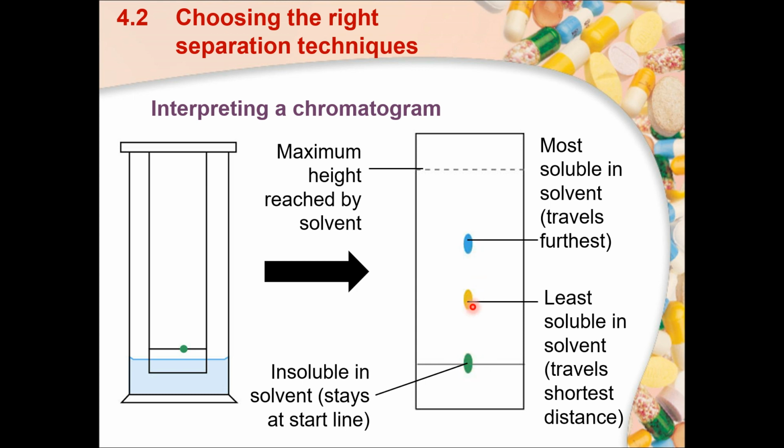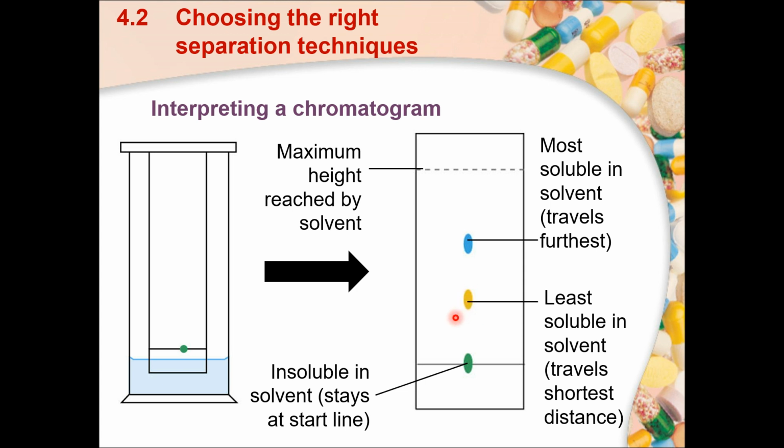However, the blue and the yellow substances were soluble, they dissolved in the water, and they were carried along as the solvent moved up the chromatography paper. The more soluble something is, as we saw in the previous slide, the more it moves. So what this tells us is this blue substance is more soluble in water than the yellow substance.